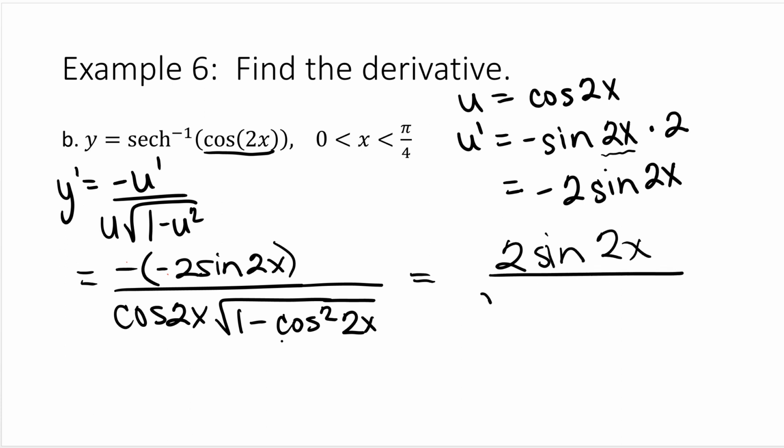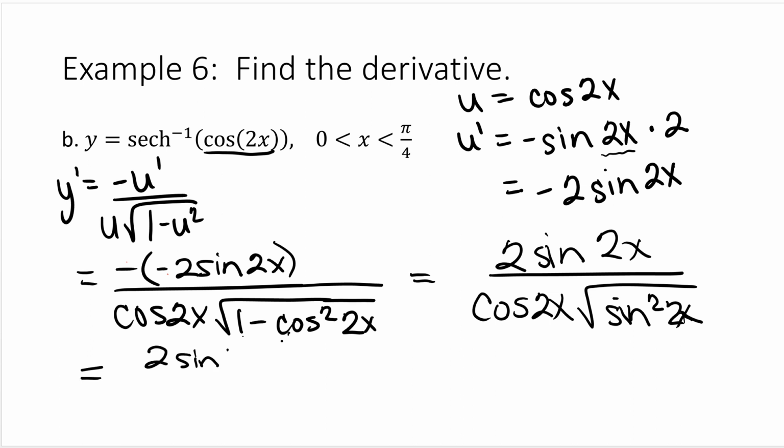And then in the denominator, I have the cosine of 2x, and then 1 minus the cosine squared of 2x would be equal to really the same thing as sine squared of 2x, using that Pythagorean identity. So as we're continuing to simplify here, I have 2 sine of 2x in the top. The square root of sine squared of 2x would just be sine of 2x.